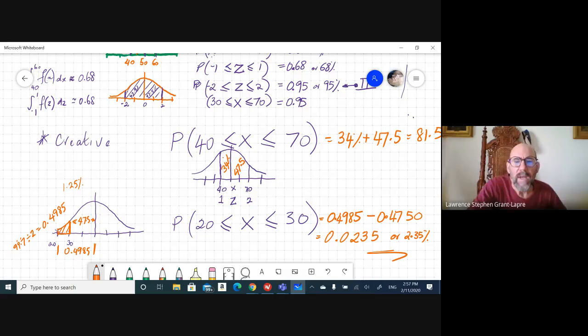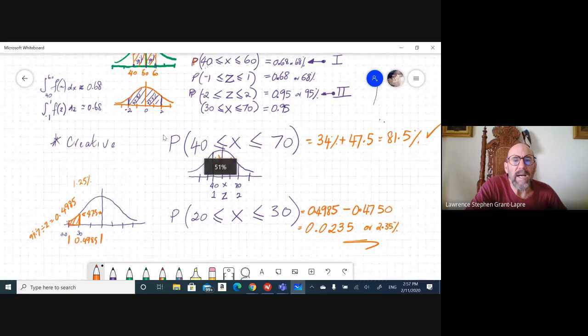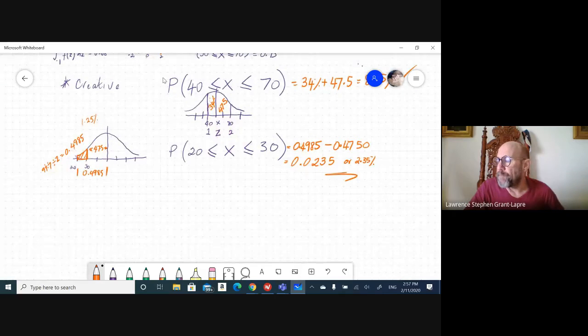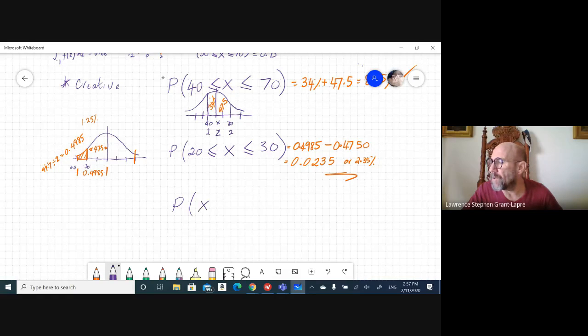Yep. There was something like a question recently that we had to do, like this question here: what's the probability of getting a score bigger than 80? There's 80 there, right?